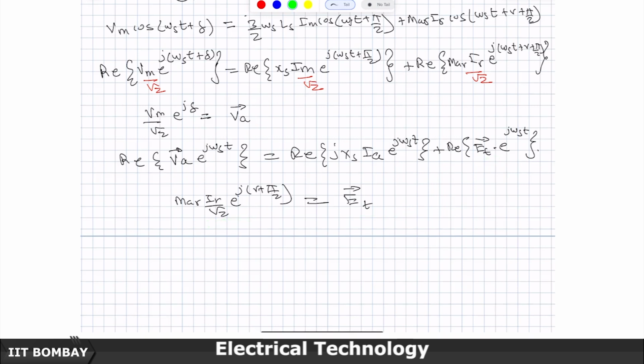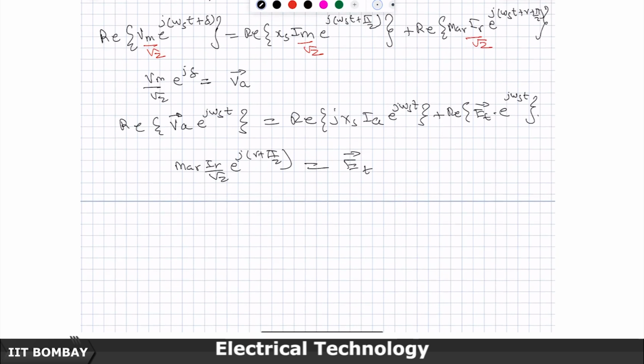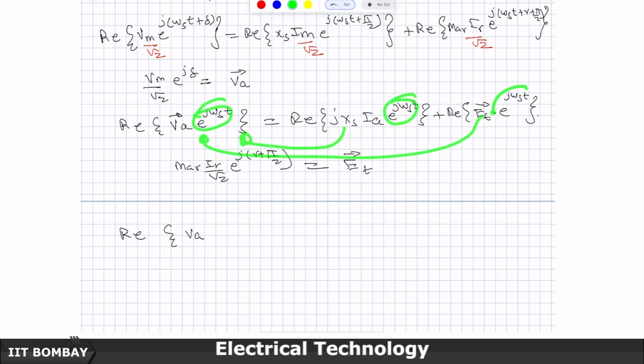Now, because the real part of this is equal to this is equal to this, I can write this as real part of V A. Now, I am taking this to the left hand side, I am taking this also to the left hand side, and all of them contain the e to the power j omega s of t term.